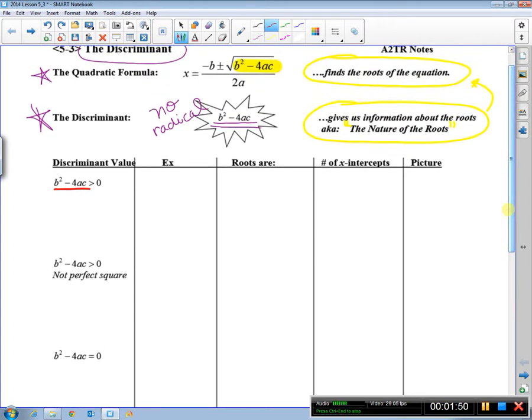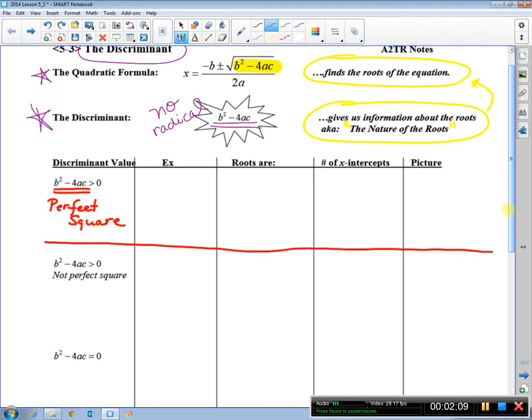If our discriminant, so if underneath the radical is greater than 0 and a perfect square, numbers like 16 or 100 or even 1 under the radical, then the radical simplifies perfectly.